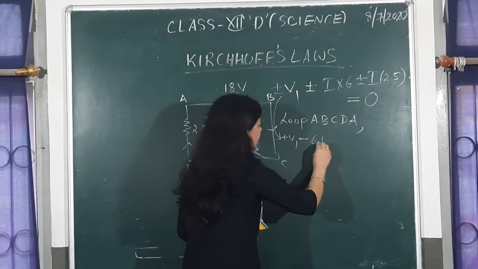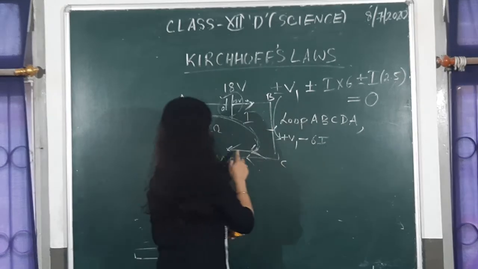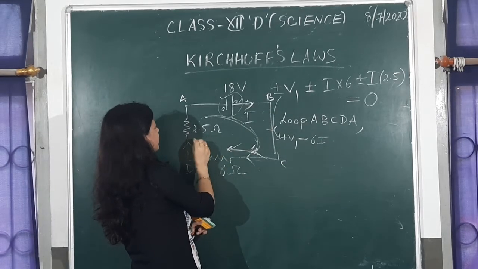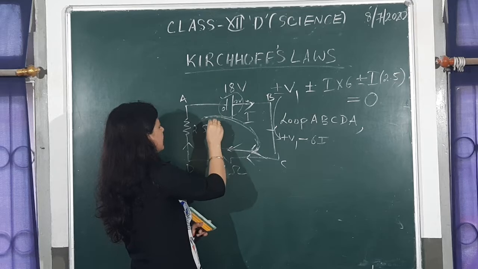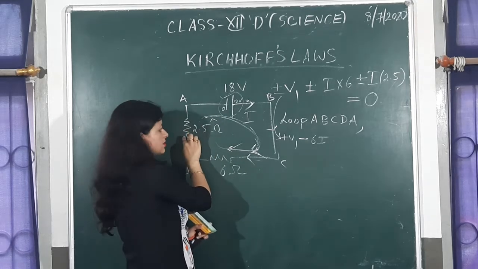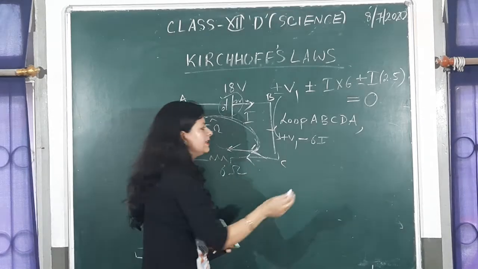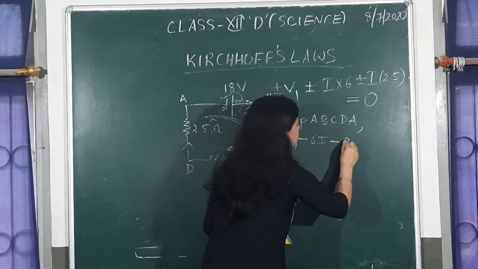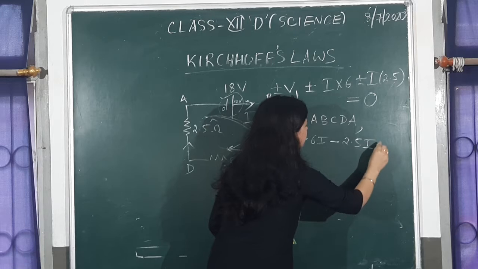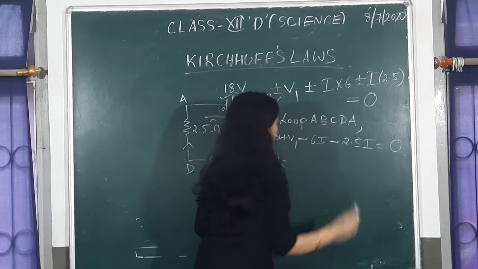Minus 6I. Now the third one. As you are crossing this 2.5 ohm resistor through the loop, and you look at the current's direction also here, are they in the same direction? Yes. So the sign you are assigning here is minus 2.5I is equal to 0.